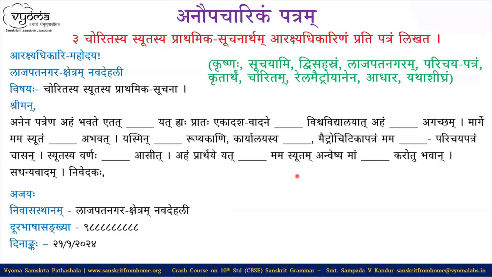अहं भवते एतत्, when you say एतत्, should it be एतत् परिचयपत्रं? No, see, what is the subject of the sentence? Anena patrena aham. Bhavate is to you. Etat dash. There we are expecting a kriya pada, right? Correct. So aham dash. Which kriya pada from the bracket?